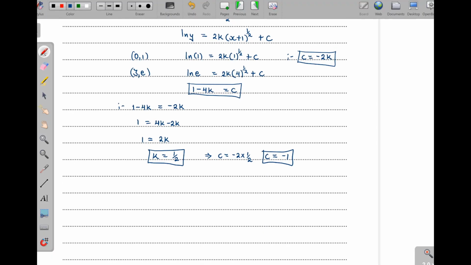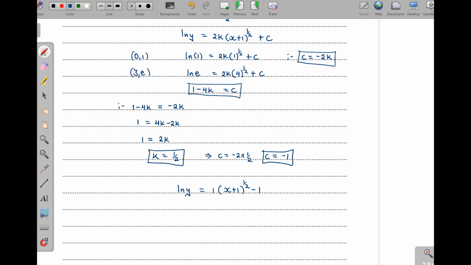And our particular solution, we had it here. So we have natural log of y. This one is equal to 2k. Now 2k is a 1. Are we there? You connect here. So that is a 1. Then times this x plus 1 to the power of a half. And then our c is a minus 1.